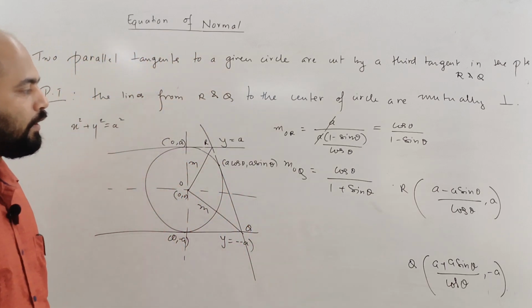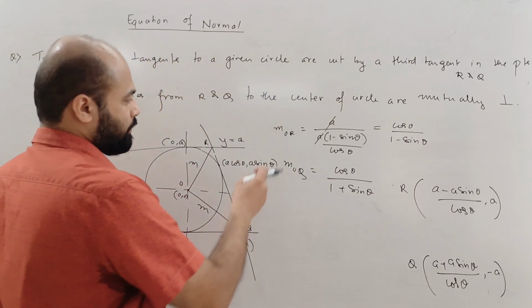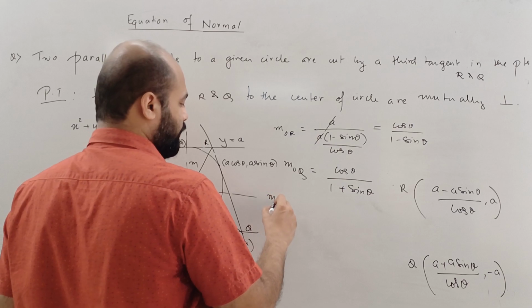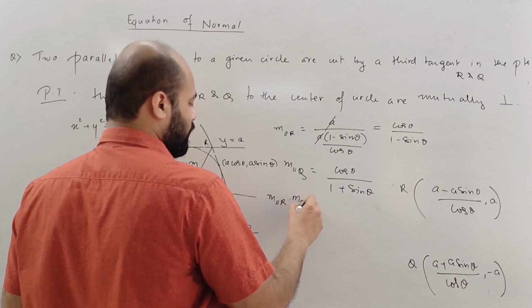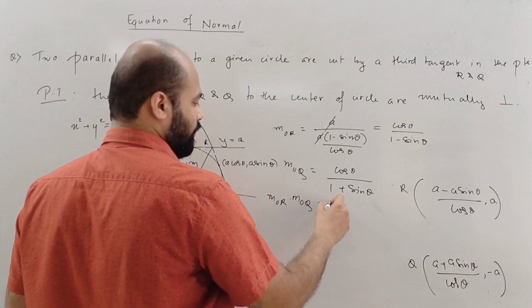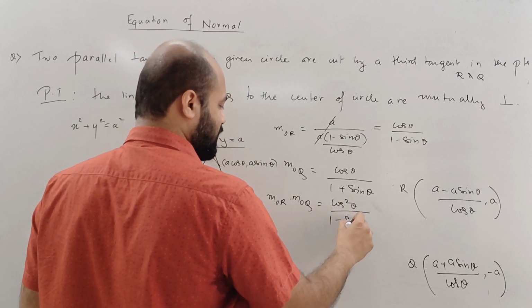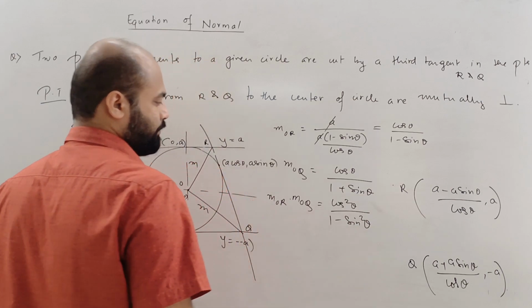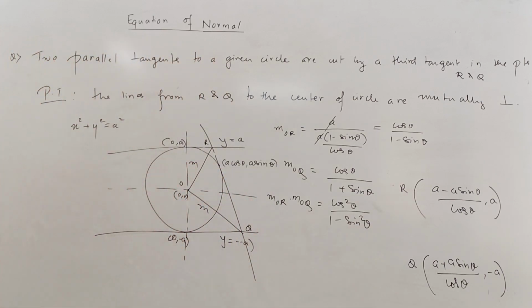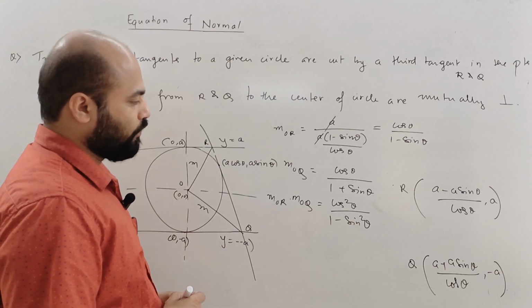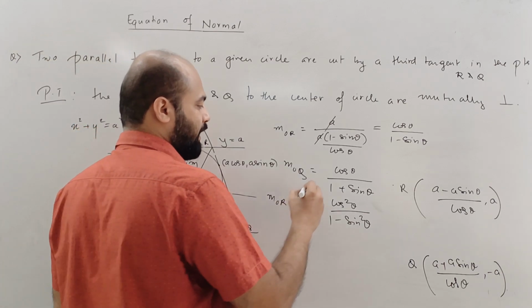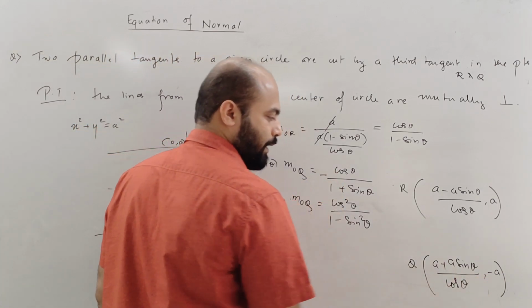Now clearly, if we multiply M of OR into M of OQ, we are going to get cos square theta on top, and 1 minus sin square theta at the bottom. There is one change though: M of OQ will definitely have a negative sign because of this minus a.